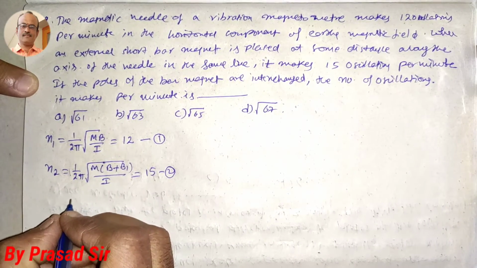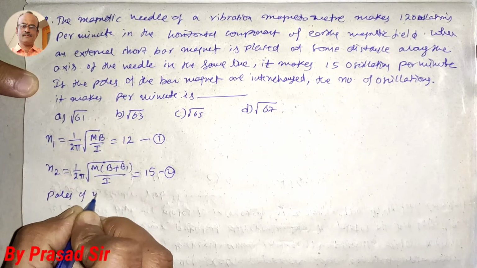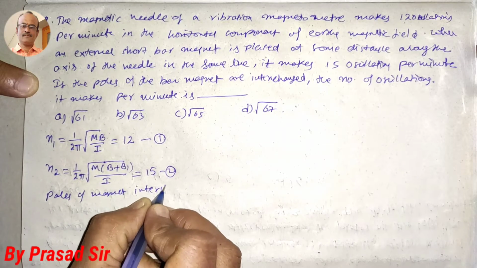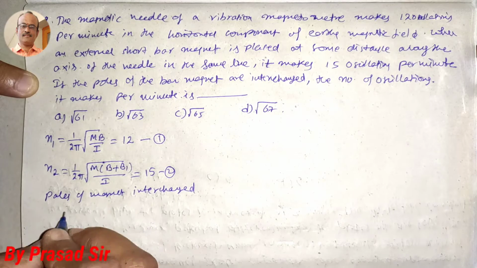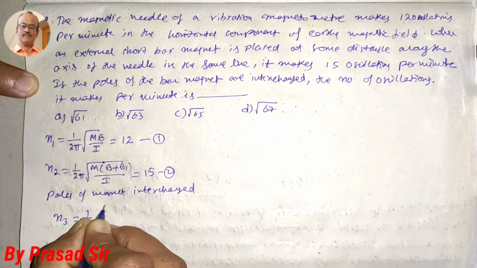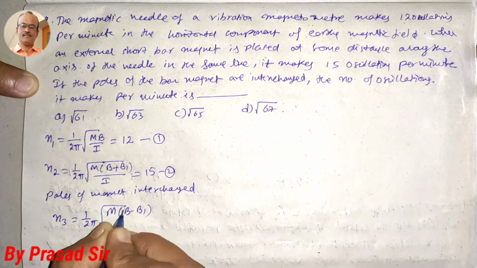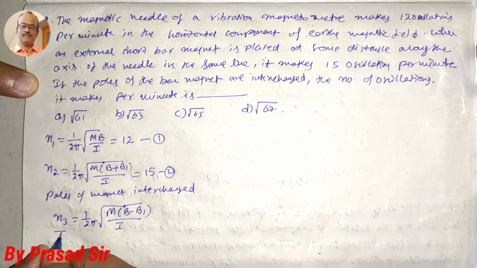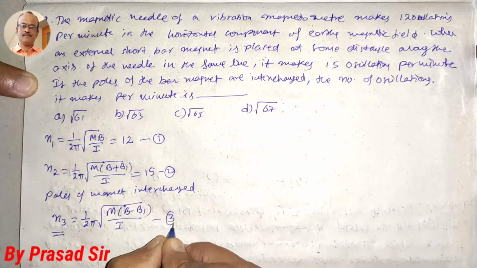Then the poles of the bar magnet are interchanged. Interchanged is nothing but reversed. So N3 is equal to 1 by 2 pi times square root of M times B minus B1 divided by I, interchange means minus. This one we want to calculate, the N3 value. This is the equation number 3.